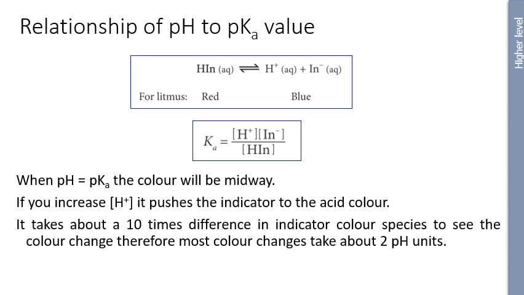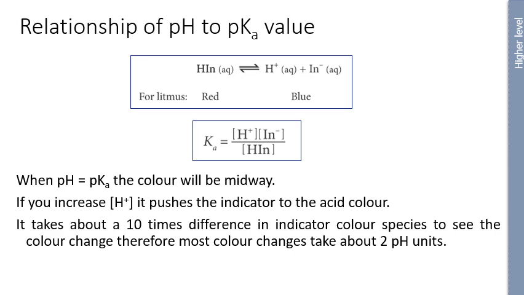So if you can see a standard indicator reaction here: the protonated indicator in equilibrium with the conjugate base of the indicator plus a proton. You'll see different colors. For litmus it's red, the protonated form, and the deprotonated form is blue.